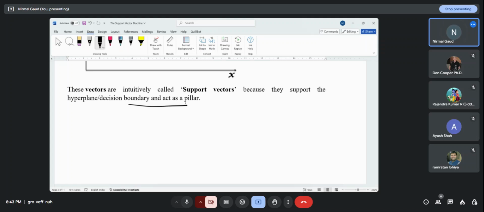That means a machine learning algorithm with the help of support vectors can perform regression and classification. Specifically, right now, we are talking about classification. In regression also, I will explain the logic that's used.